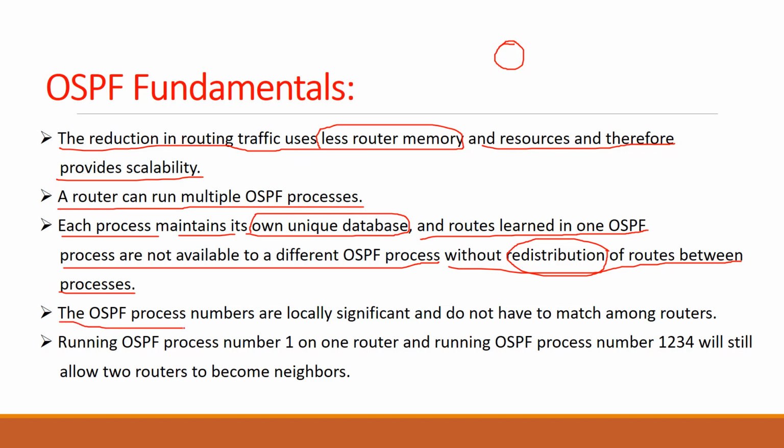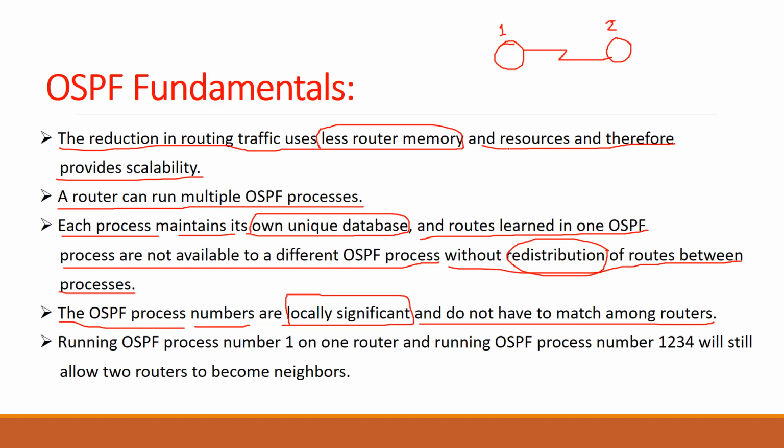The OSPF process numbers are locally significant and don't have to match among routers. This router can use OSPF process number 1, and this router can use OSPF process number 2, and they can be OSPF neighbors.